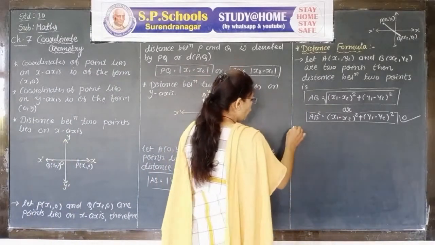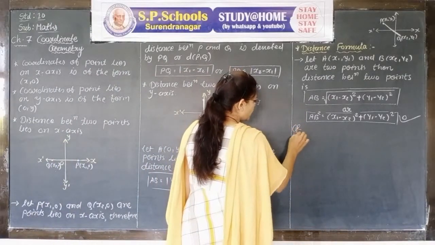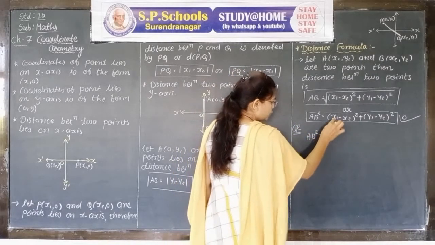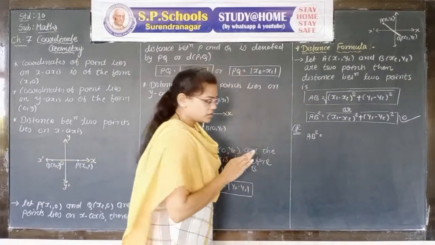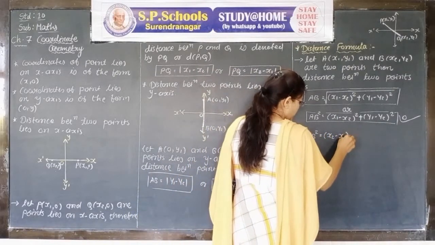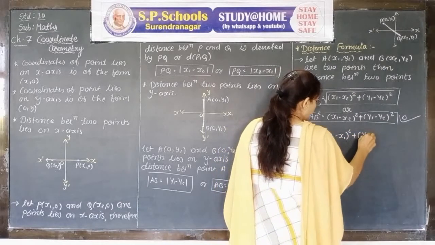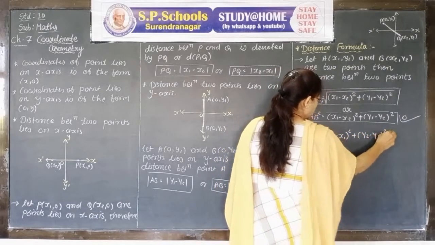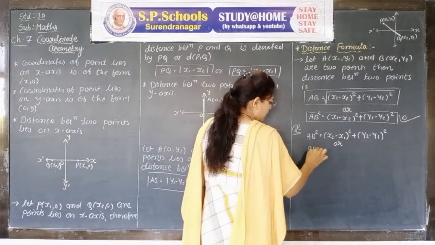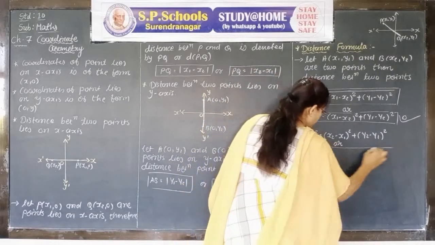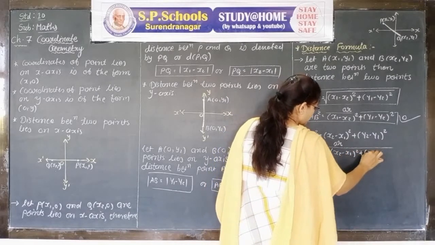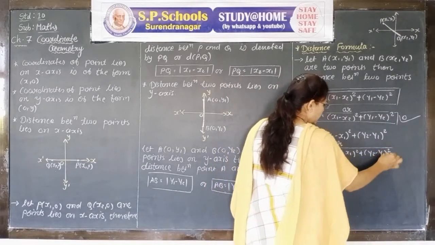Or you can also write these two formulas in this form. AB square is equal to, instead of x1 minus x2, you have to take x2 minus x1, (x2 minus x1) whole square plus (y2 minus y1) whole square. Or AB equals the square root of (x2 minus x1) whole square plus (y2 minus y1) whole square.